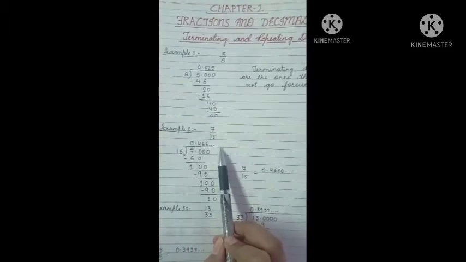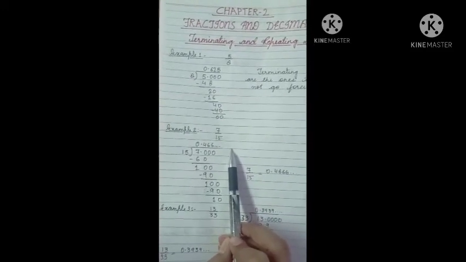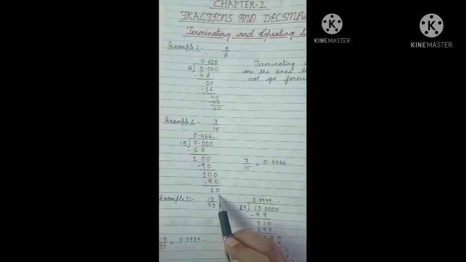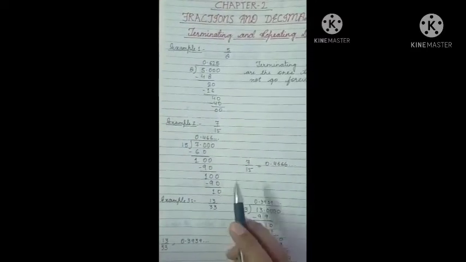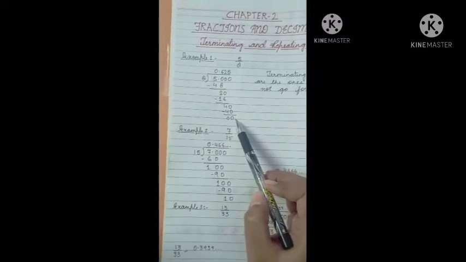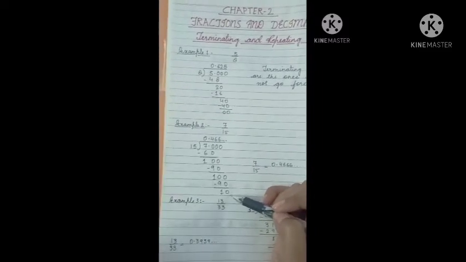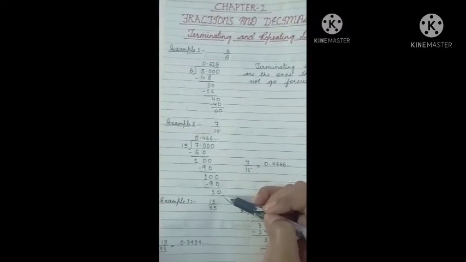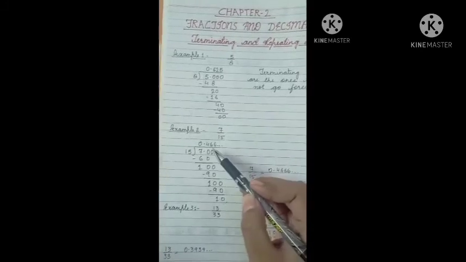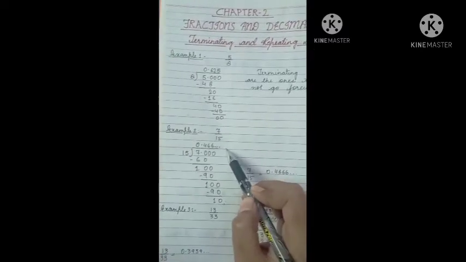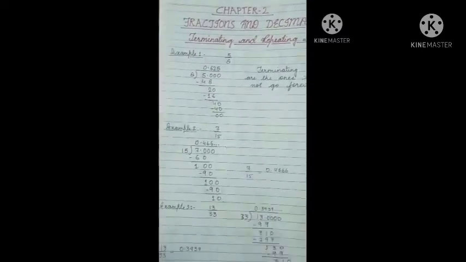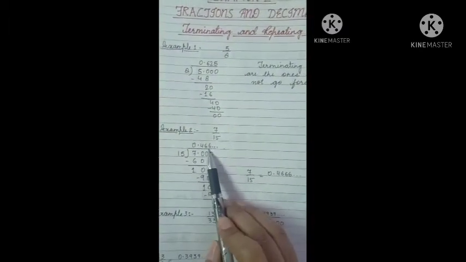It goes on repeating itself, and here the remainder is 10. In the first case we had remainder 0, but in this case we are not getting 0 as a remainder, and this number goes on repeating, right?